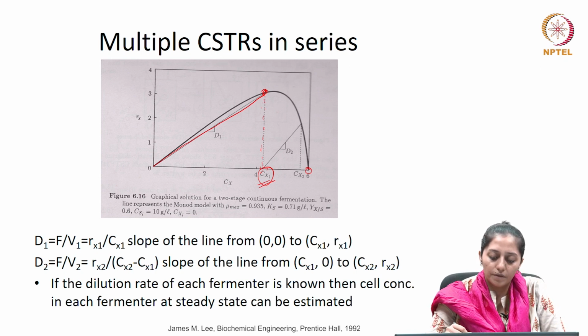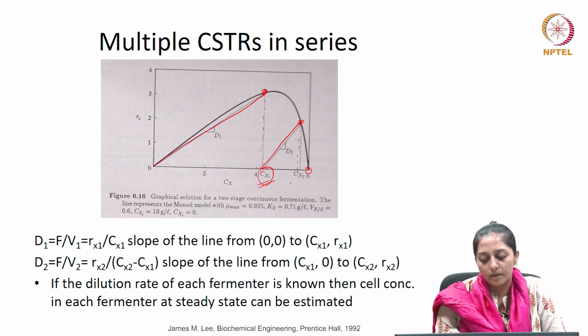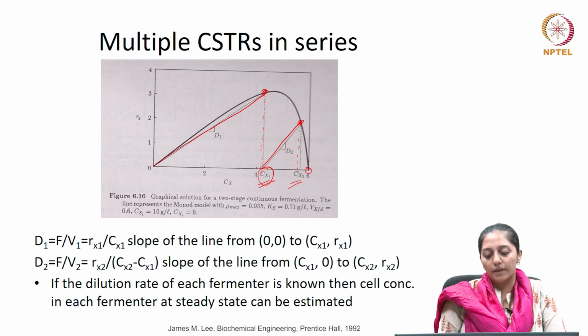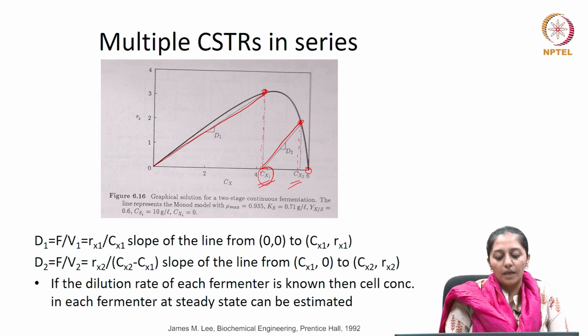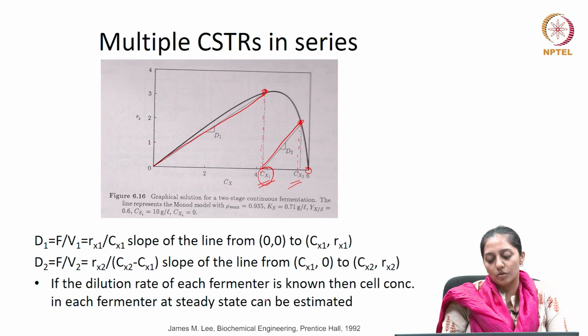Again, if the dilution rate of the second reactor is known, then from this point another line can be drawn with that slope, and wherever it cuts the curve, its corresponding x value will give us the exit cell mass concentration from that second reactor. So, if the dilution rate of each fermenter is known, then the cell concentration in each fermenter at steady state can be estimated by this graphical technique.